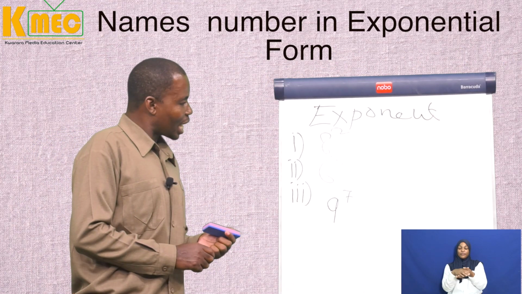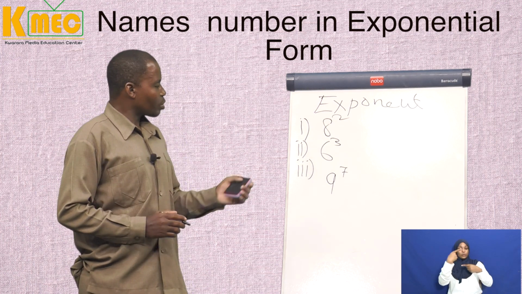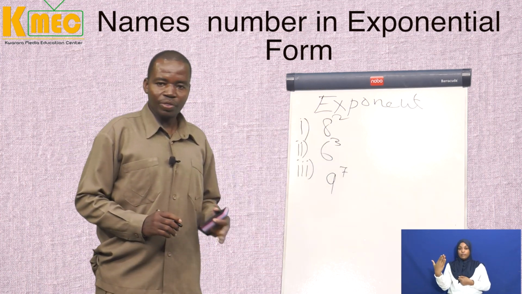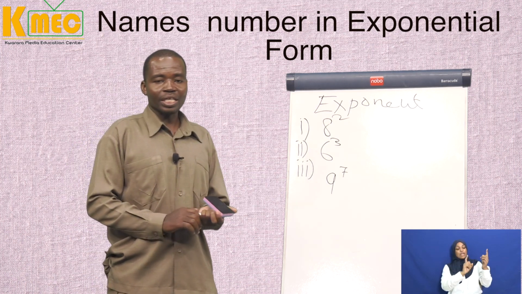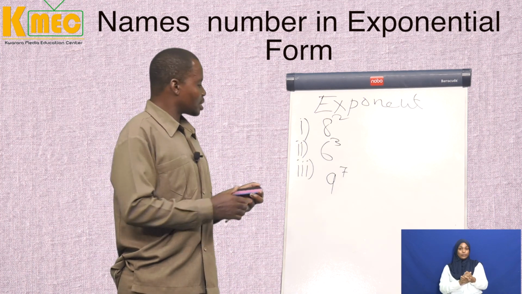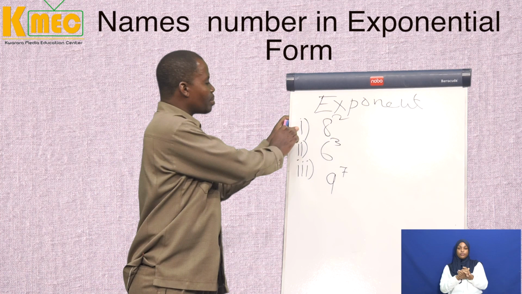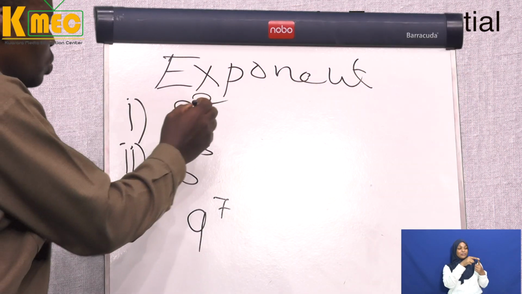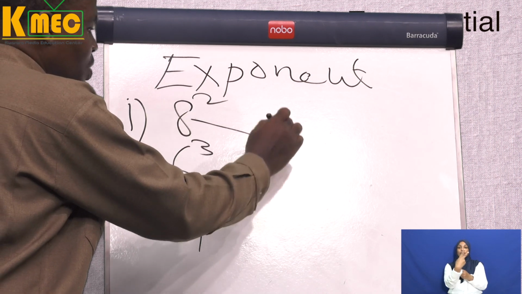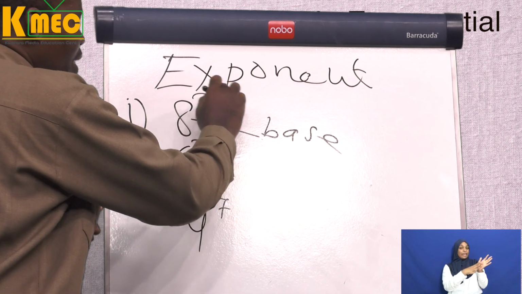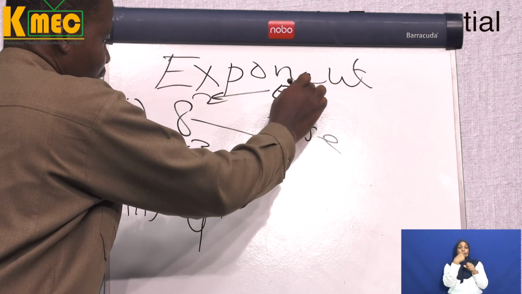Okay, good. So now let's move to another step. Here we want to see the names of those numbers in exponent form. Each number is given its name. For example, in number 1, the bottom number 8 is called the base, and the top number 2 is called the exponent.